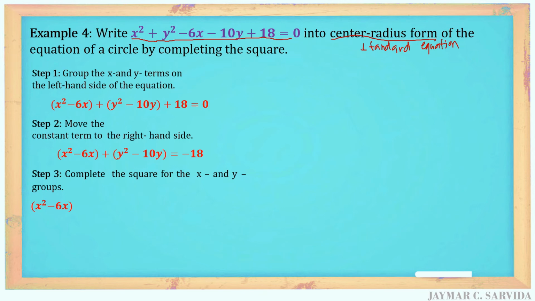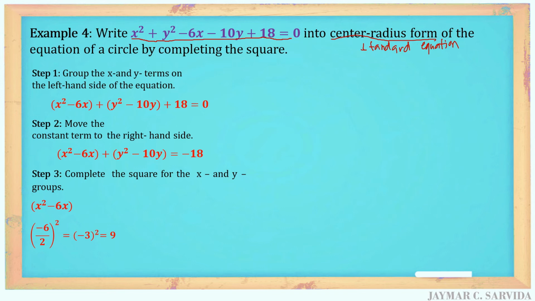The coefficient of x is negative 6. So yung negative 6, i-divide natin sa 2. So quantity of negative 6 divided by 2 squared.